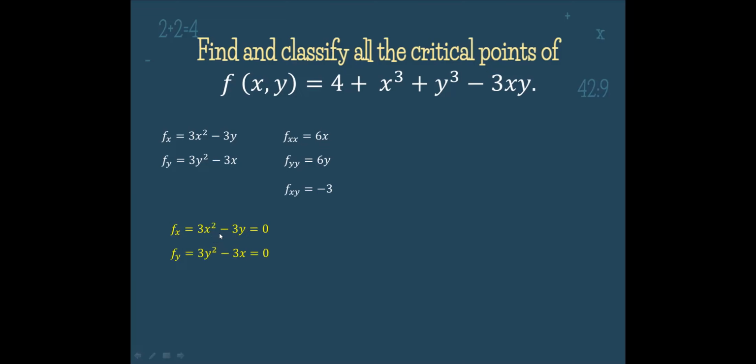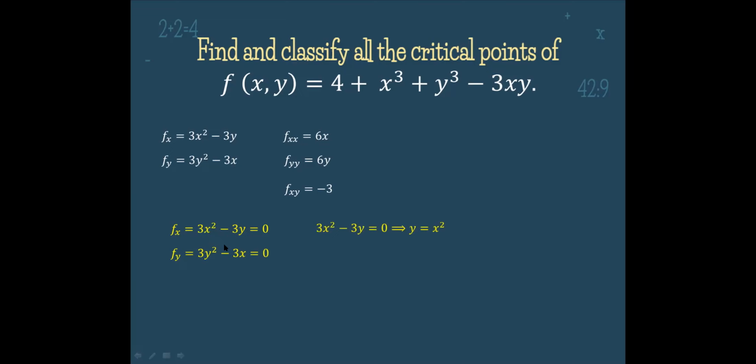So we have 3x squared minus 3y is equal to 0, and also 3y squared minus 3x is equal to 0. Now, this is a nonlinear system of equations, and this can, on occasion, be difficult to solve. However, in this case, it's not too bad. We can solve the first equation for y as follows.